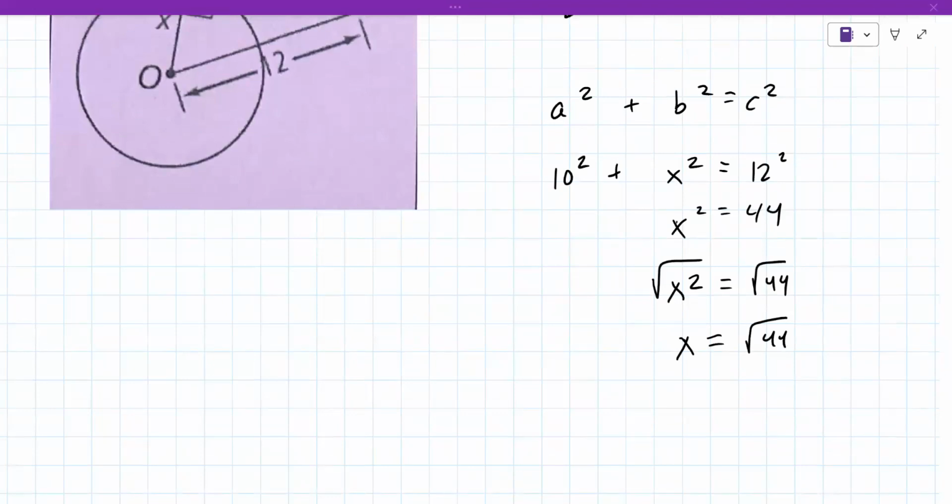Okay, so X equals the square root of 44. All right, I got 6.6. Okay, very good.